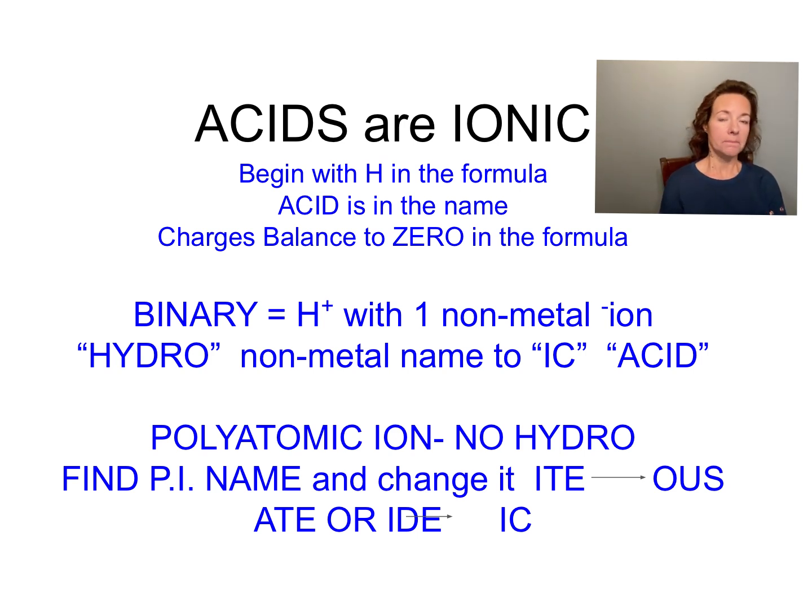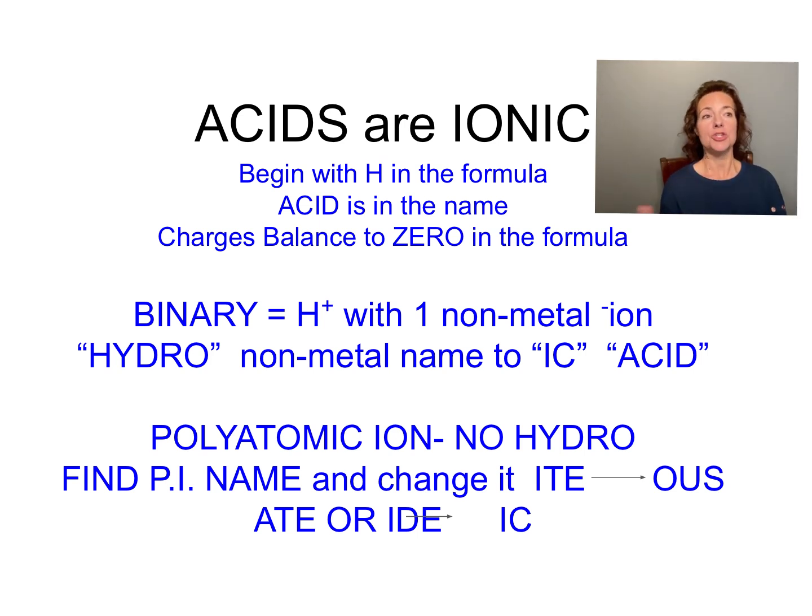Acids are ionic. Basically, how do you know you have an acid? Well, acid is in the name, or the formula starts with hydrogen. All acids have H and then something else. Because it's ionic, we still need to make sure that the charges balance out to zero. So there's two different types of acids. It could be binary. Remember, binary means two. So basically it's hydrogen with one nonmetal.